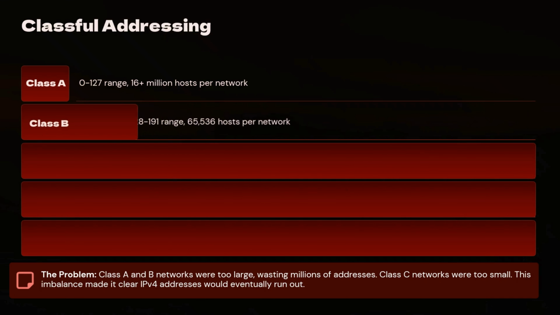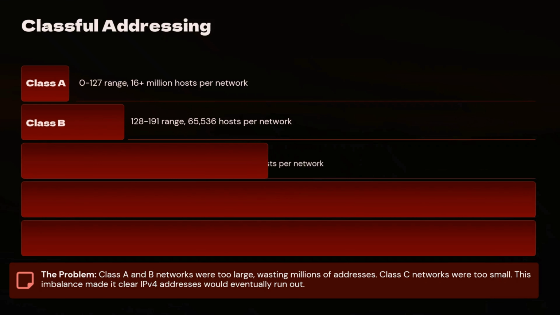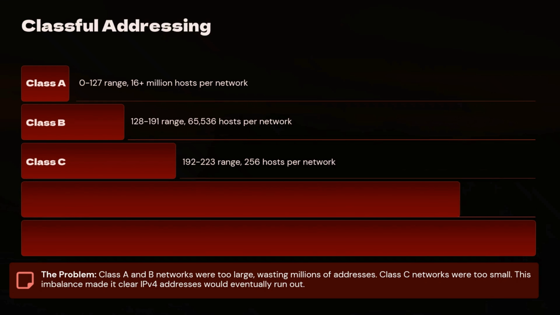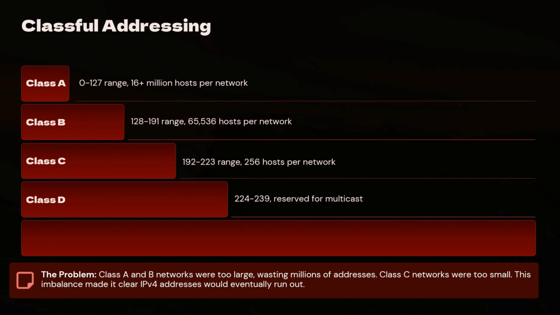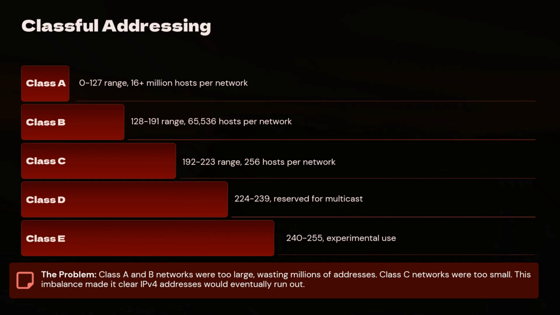Class B started with 10, providing up to 65,536 hosts, and Class C began with 110, but supports only 256 hosts per network, perfect for small organizations. Class D and E were reserved for multicast and experimental use.